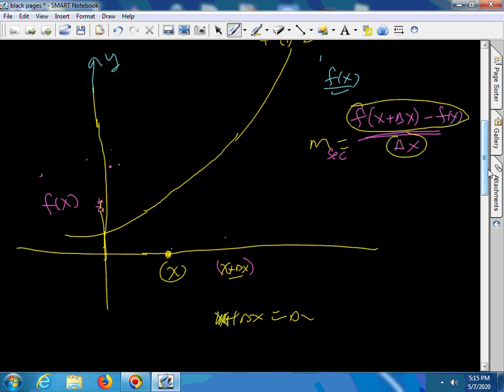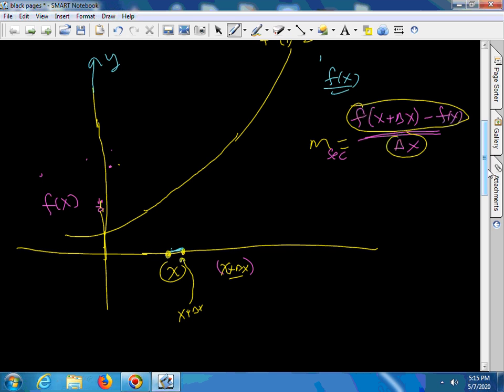Here's x, but instead of delta x being right there, I'm going to make delta x really small. That's x plus delta x. That is, this distance is delta x.